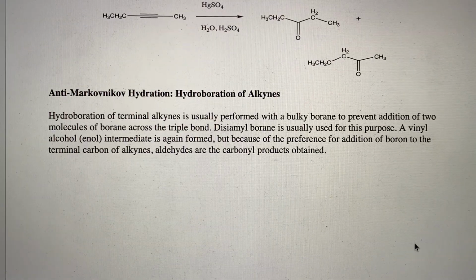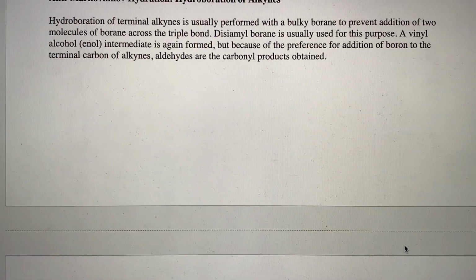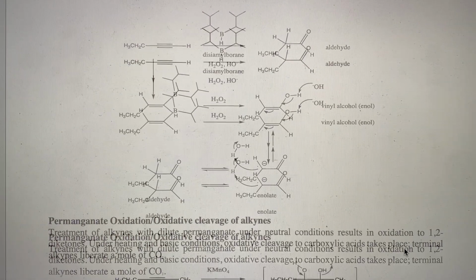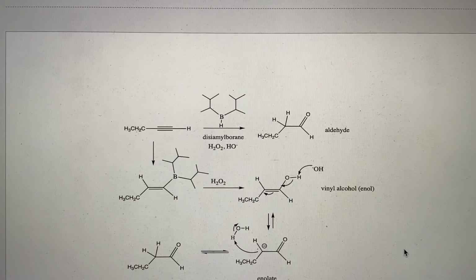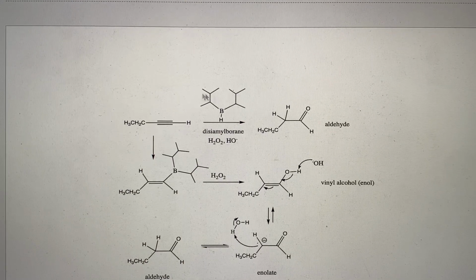Just like alkene, notice this is very similar to alkene, except it's a triple bond. So we have to think carefully. What's next, right? We can also do anti-Markovnikov. In this case, for alkene, we use BH3. And here we use a little bit more complicated dialkyl boron complex.